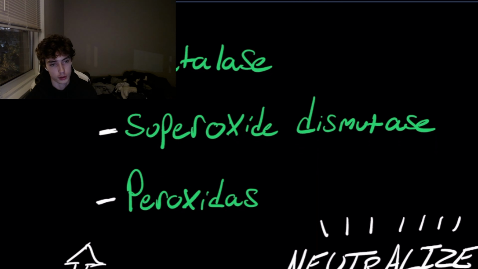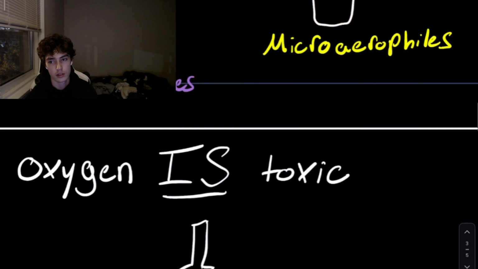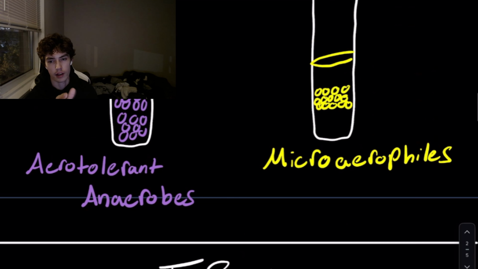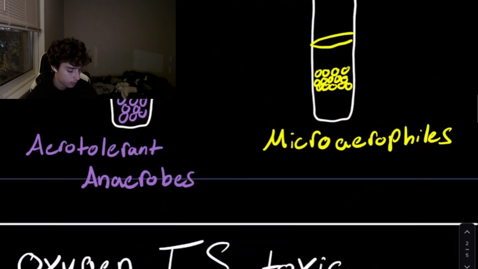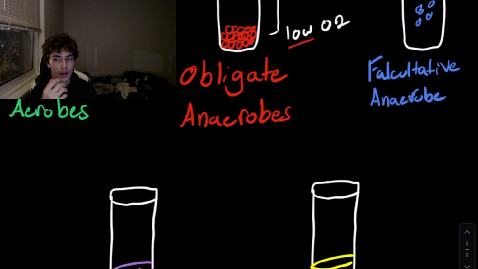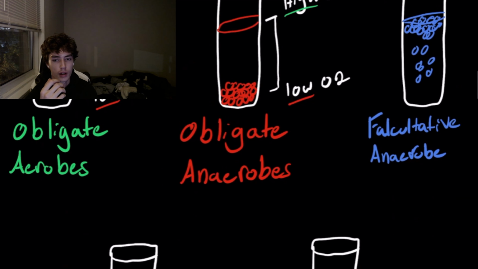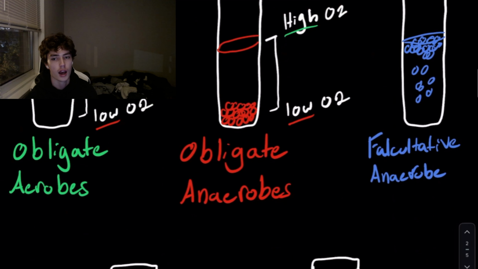Facultative anaerobes have these enzymes. Microaerophiles kind of have these enzymes, not really. Aerotolerant anaerobes, sure, they might have these enzymes. Obligate anaerobes do not have these enzymes.